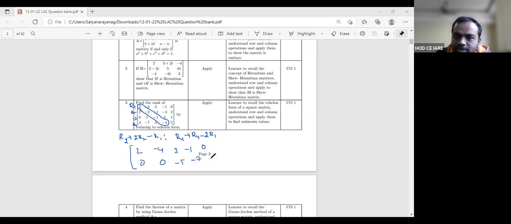Next, third row no changes, 0 1 minus 1 3 1. Next, fourth row 0 minus 7 plus 8 1. Next 4 minus 6 minus 2. Next minus 4 plus 2 minus 2, and 5.